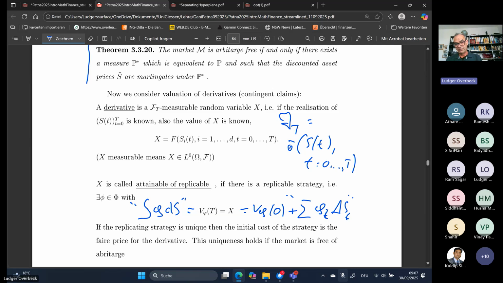Now, the replicable, attainable claims or derivatives are those which can be written as stochastic integrals, or from a finance perspective, the value of X can be obtained by a hedging portfolio, a replicating portfolio.